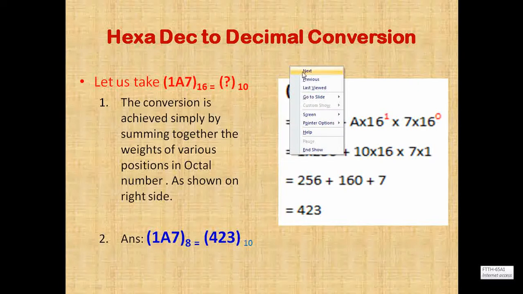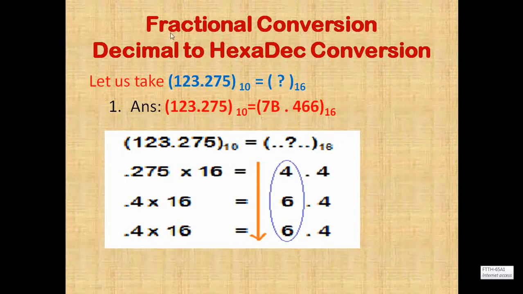But if the number is a fractional one, then this is how we can convert a fractional decimal number into a fractional hexadecimal number. Suppose this is one example: 123.275 base 10 is to be converted into base 16. So 123 will be converted as we did in the previous slide. You may use the same process, and you will get 7B as the hexadecimal equivalent of this integer number, and for the fractional part we will follow this method.